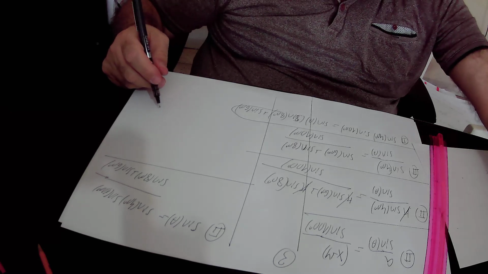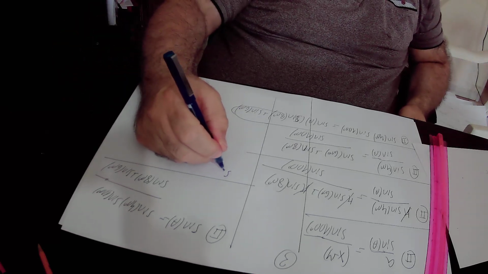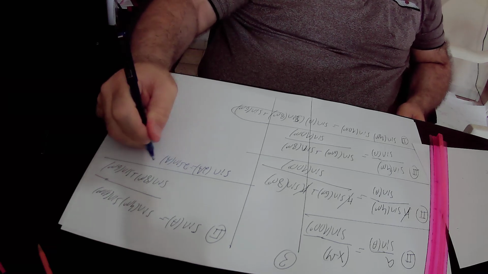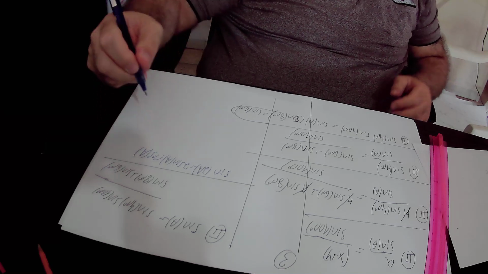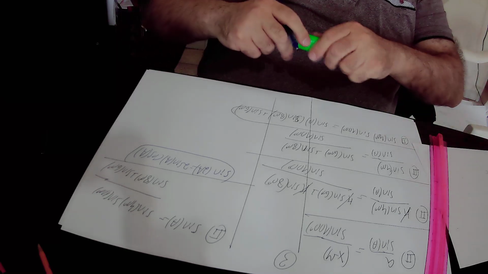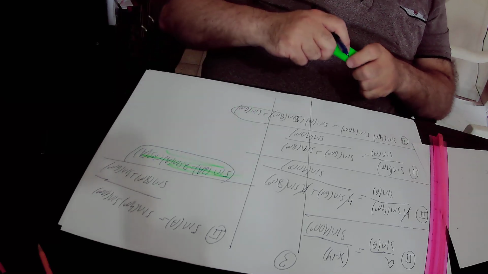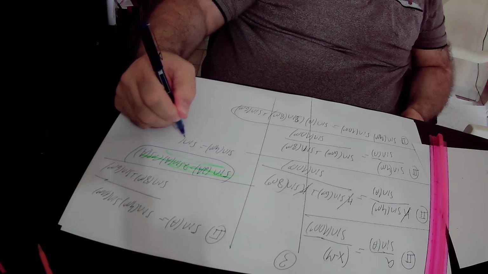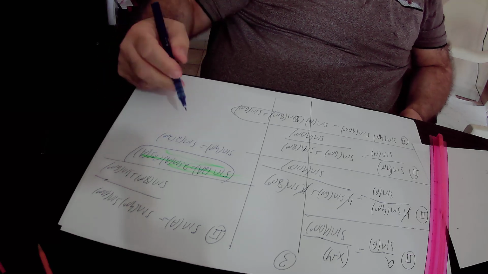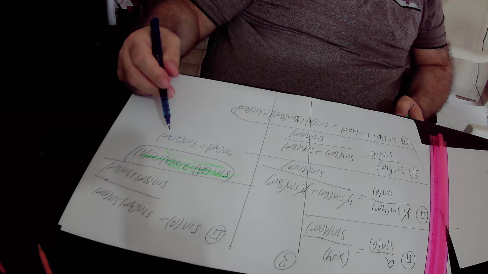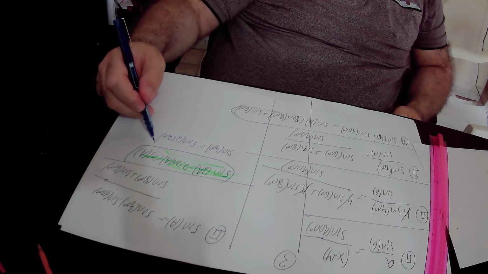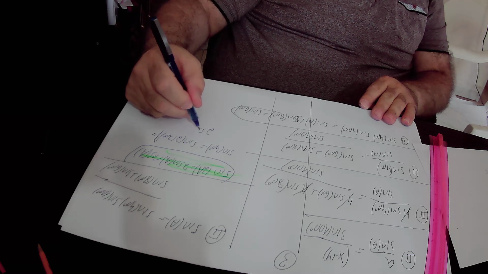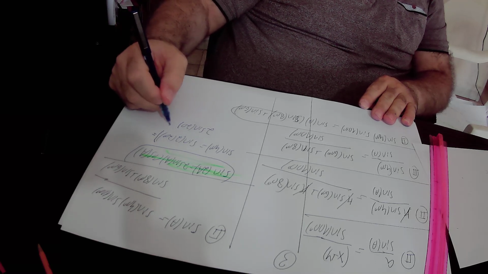We'll use the trigonometric identity that sine 2a equals 2 times sine a cosine a. We use this identity for sine 40 degrees. Sine 40 degrees is equal to sine 2 times 20 degrees, and according to this identity, sine 2 times 20 equals 2 times sine 20 times cosine 20.